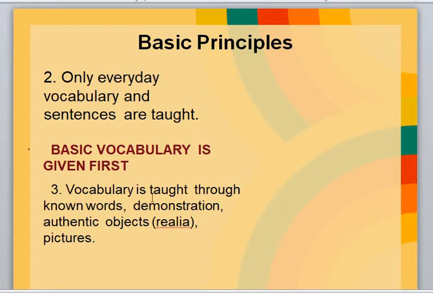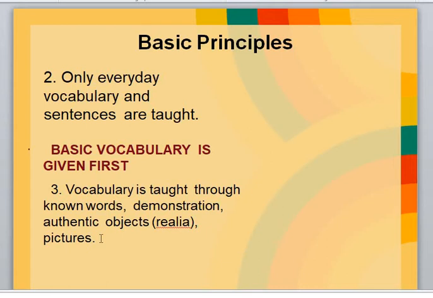So vocabulary is taught through known words, demonstration, authentic objects and pictures, not through memorization and cramming, because in grammar translation method, the vocabulary is taught through translation, because the translation of particular words is provided to the students.